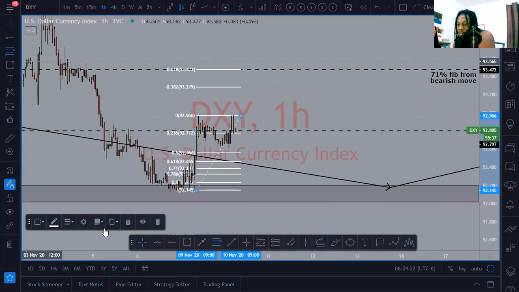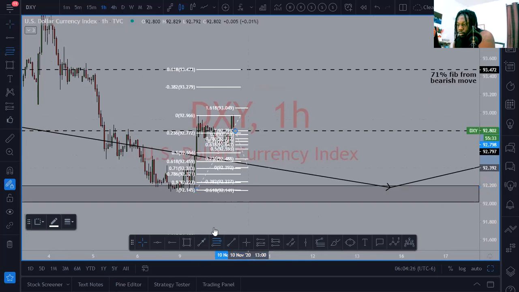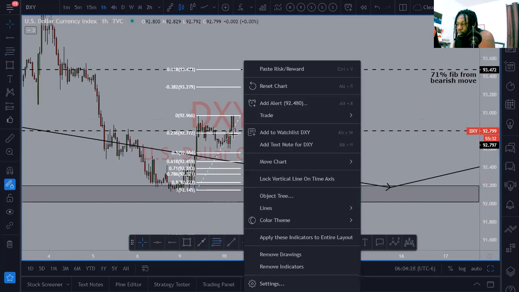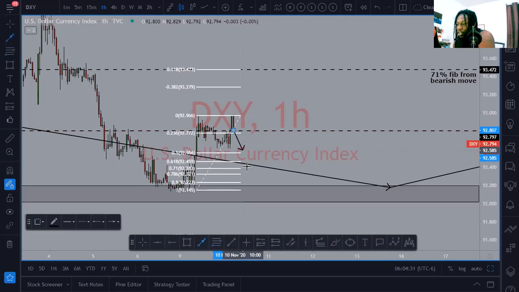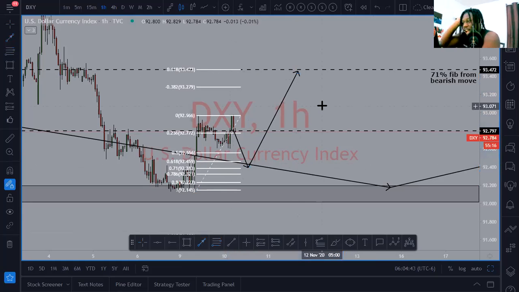I would love to get the correction down to over here at the 71%, and then continue to the upside, which the 61.8 extension matches up perfectly with the 71% from the bearish move. Then I'll look to see what happens there. So I'm looking for this correction down to the 71% fib.